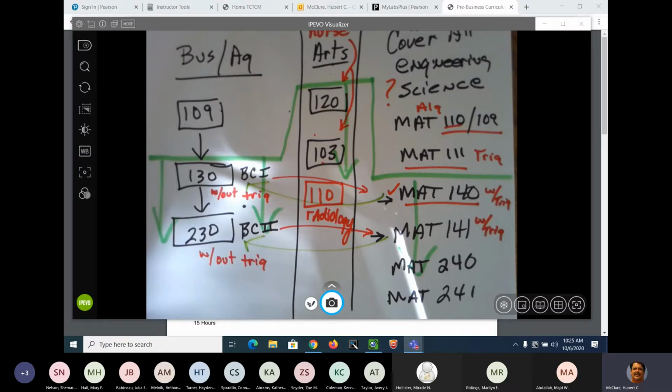Hold on, it's coming. See if that shows up now. Wait a minute. Downloads. Oh, this is it. See if that shows up in the chat. Somebody pull it up and tell me if it shows what I just took a picture of.